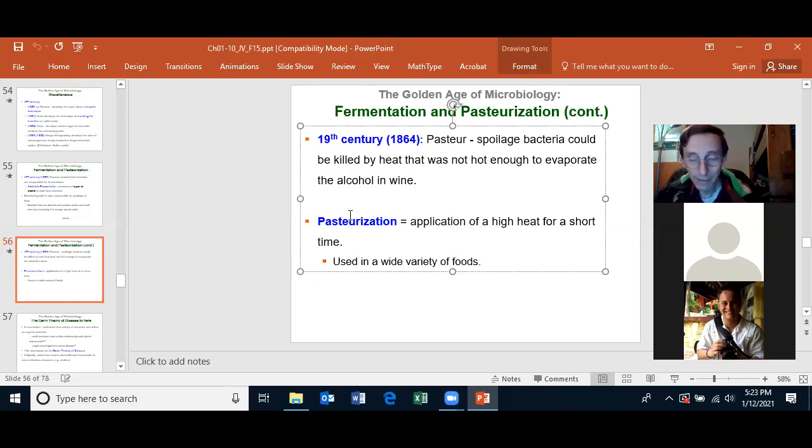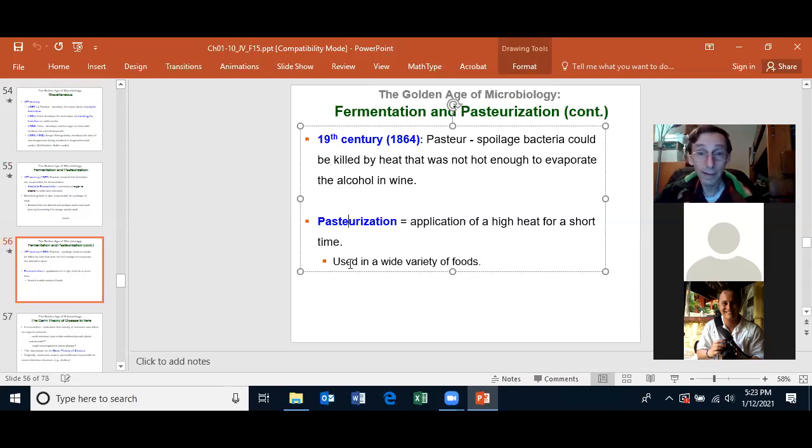I don't think anyone pasteurizes wine anymore, although they still pasteurize beer. I think the reason they don't pasteurize wine is that pasteurization does evaporate some of the alcohol, and the vintners don't want that. In beer, it's not a big deal because beer has less alcohol than wine.